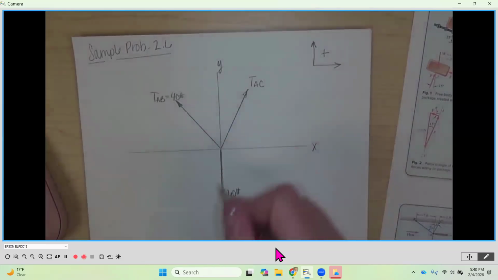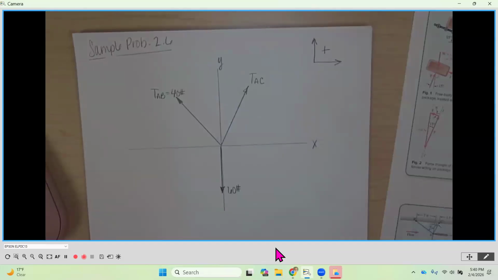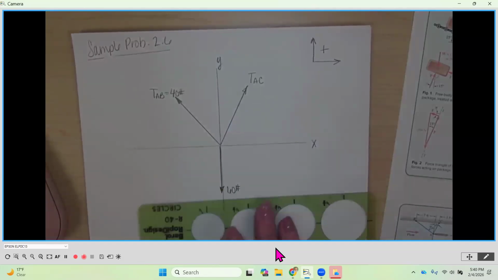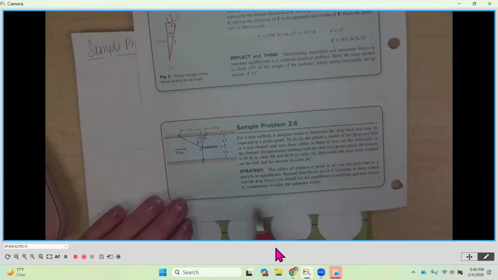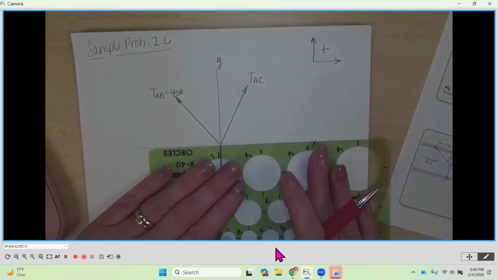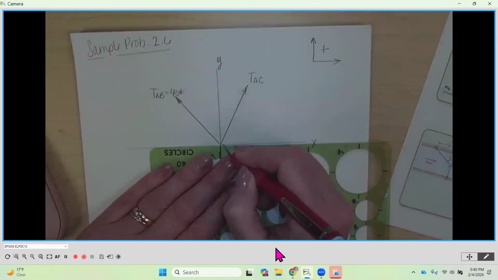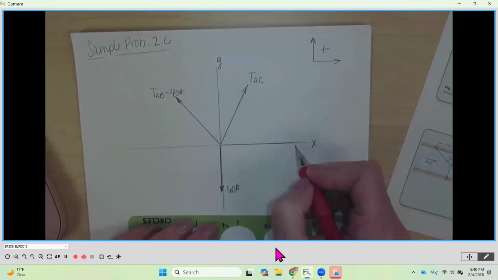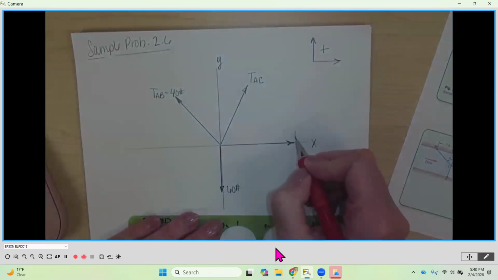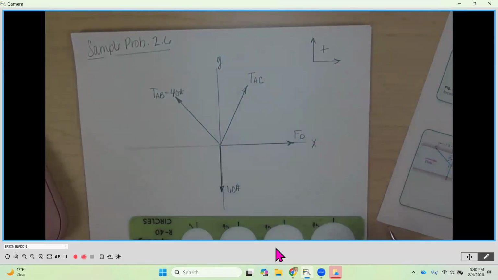Each one of these forces represents the tension in each cable, but there's a drag force that we have to determine on that hull. Since the flow is going to the right, our drag force is also going to the right. So this is going to be FD.